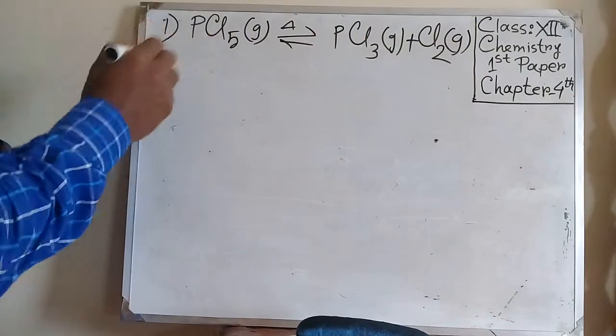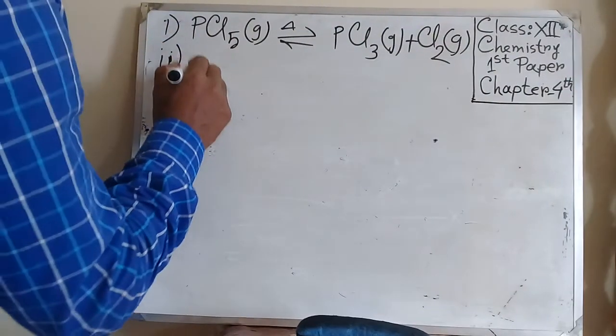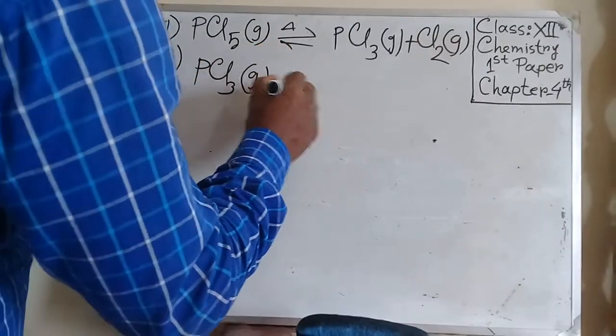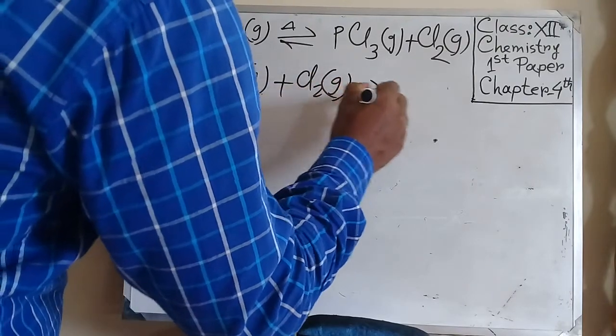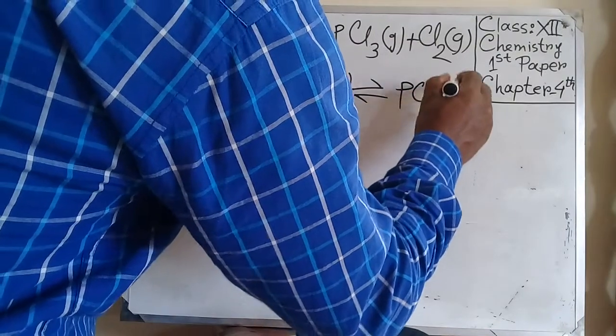This is the first reaction. And the second one: phosphorus trichloride gas plus chlorine gas, and we'll get phosphorus pentachloride gas.